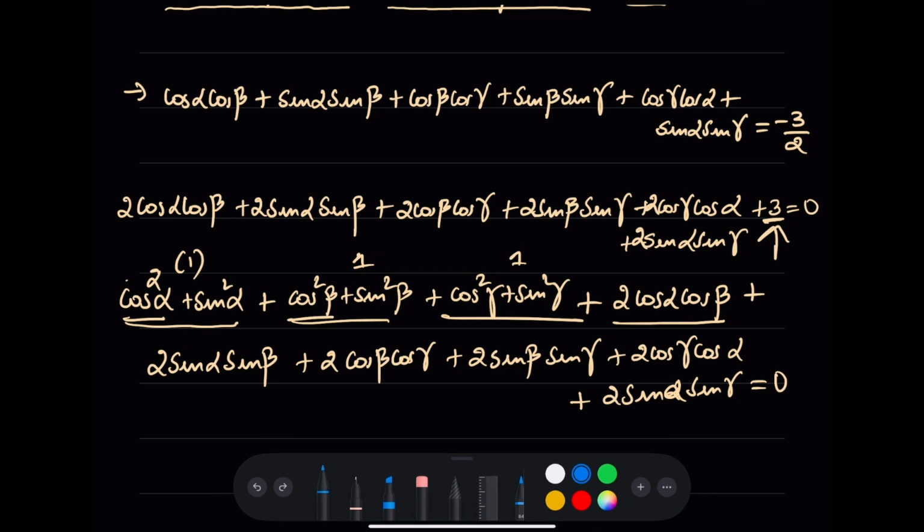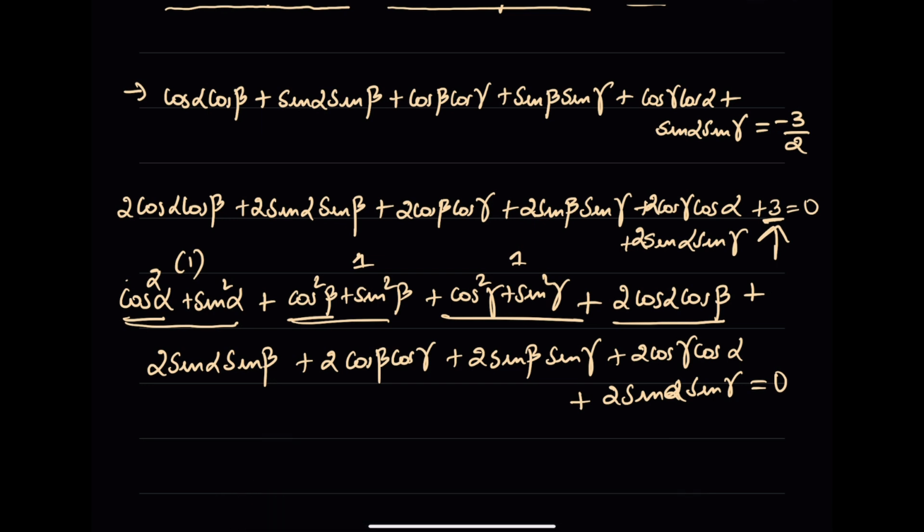So let me use a different color now. Let me group cos square alpha, cos square beta, cos square gamma with 2 cos alpha cos beta, 2 cos beta cos gamma, and 2 cos gamma cos alpha.